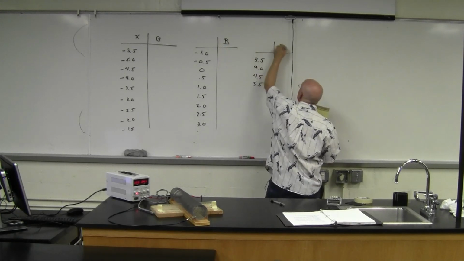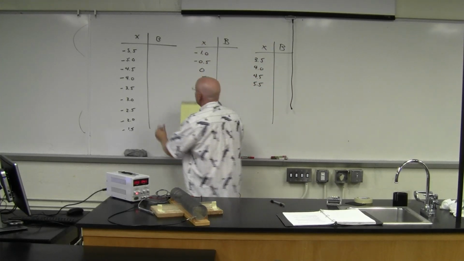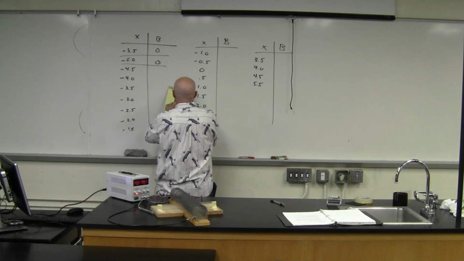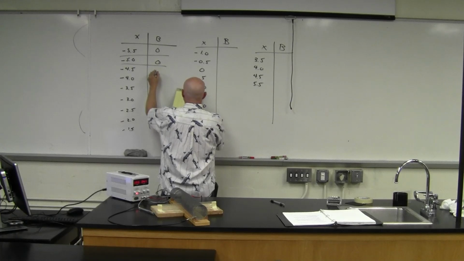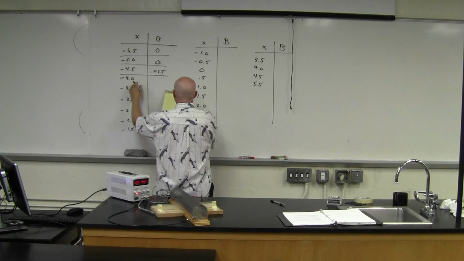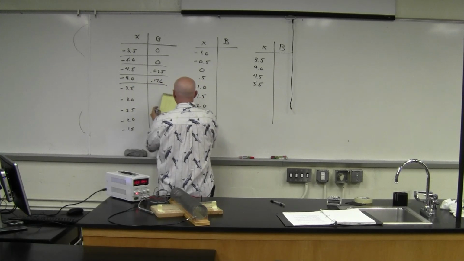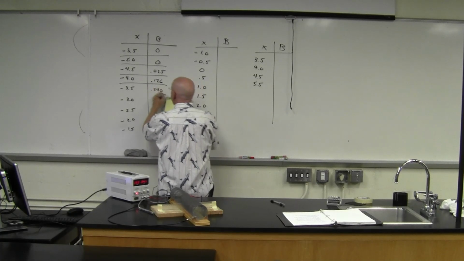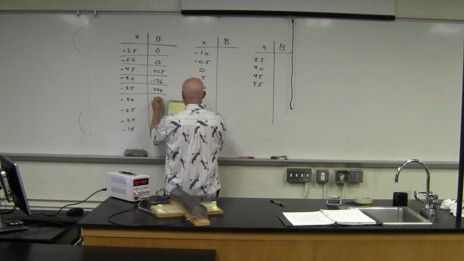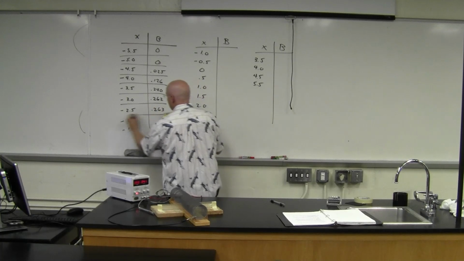So what is the magnetic field at each of these locations? Looks like I got a 0 and then a 0. The negative 4.5 was 0.025. The 4.0 was 0.126. The 3.5 was 0.240. The negative 3 was 0.262. The 2.5 was 0.263.